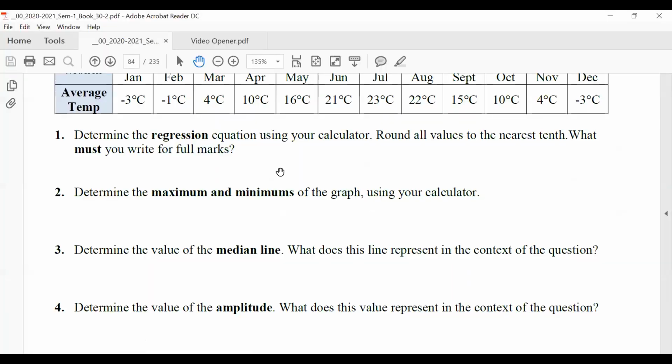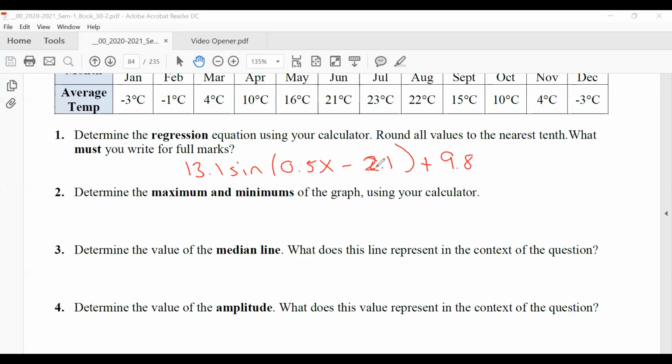So our equation will be, says to the nearest tenth, y equals 13.1 sine of 0.5x minus 2.1, plus 9.8.